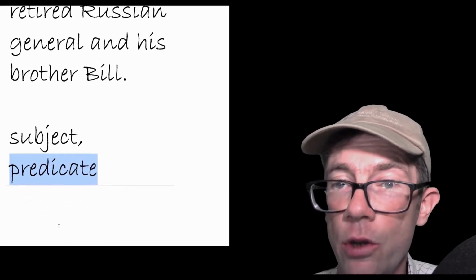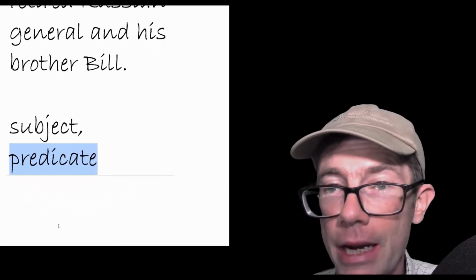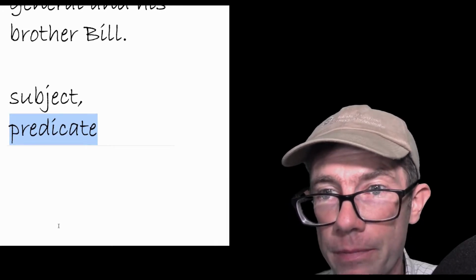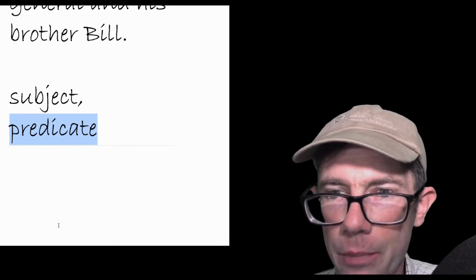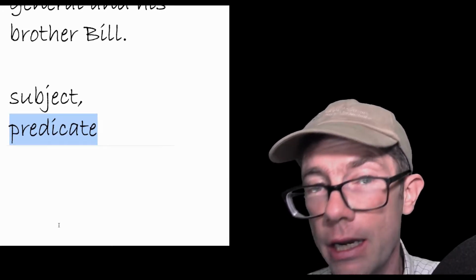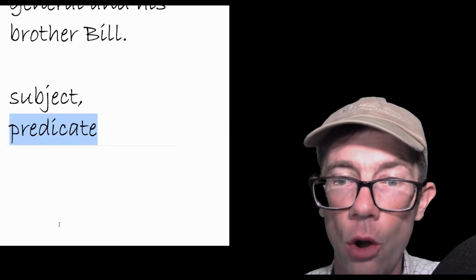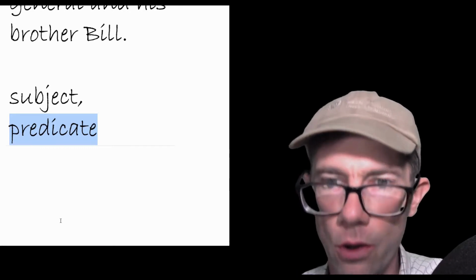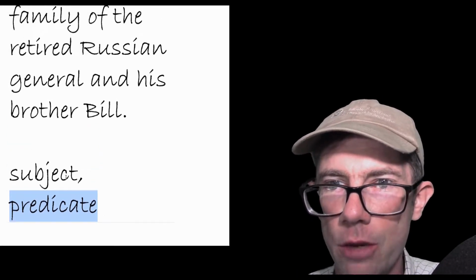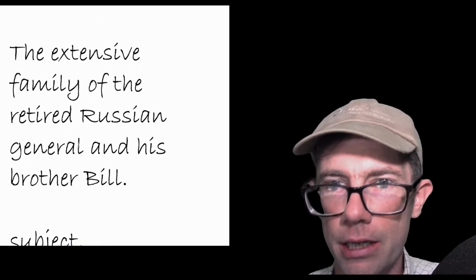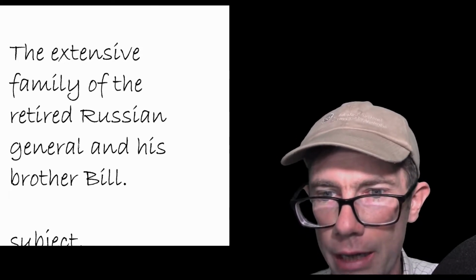There is no predicate there. The predicate contains the verb or verbs, and the predicate tells us one of two things. It tells us what the subject is, or it tells us what the subject does. Now, we have a subject here in this sentence, the extensive family of the retired Russian general and his brother.